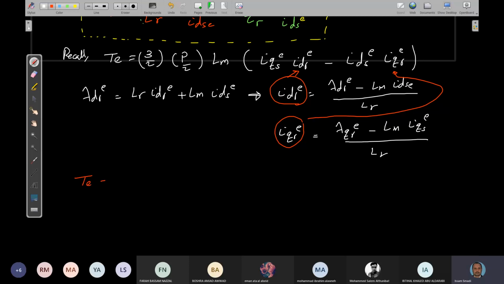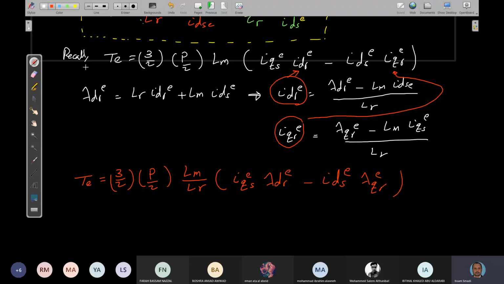So TE will equal 3 over 2 P over 2 LM over LR times IQSE lambda DRE minus IDSE lambda QRE. And this is very interesting, by the way. Now, this term equal to what?